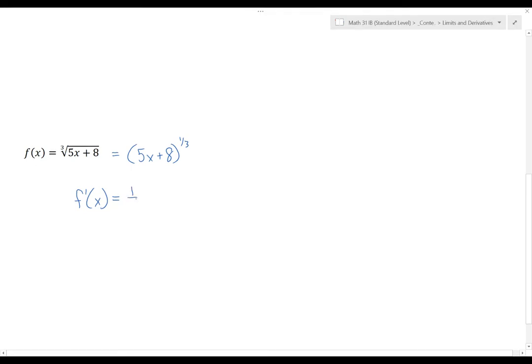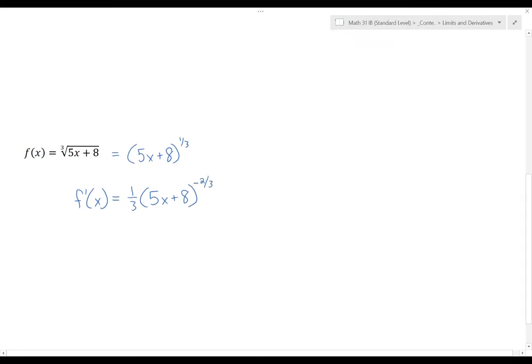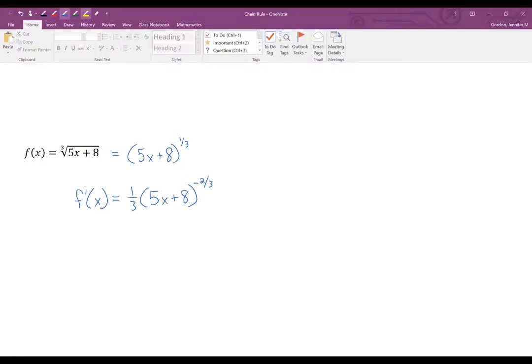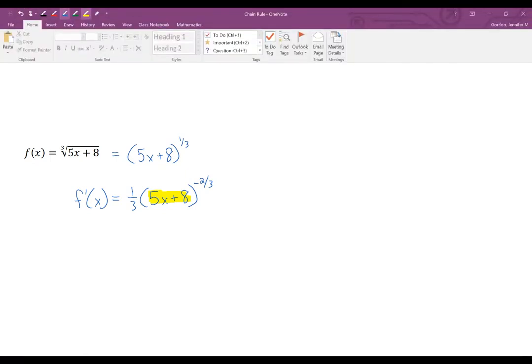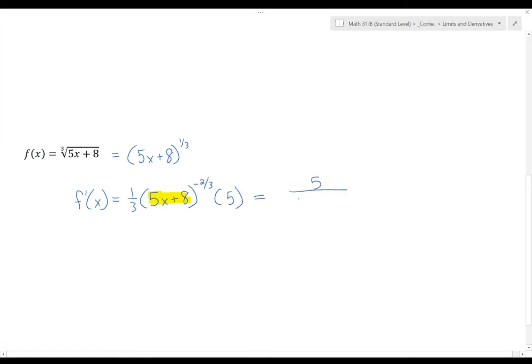So this becomes 1/3 times (5x plus 8) to the power of negative 2/3, just by applying the power rule. But now I have to multiply it by the derivative of what is inside, 5x plus 8. The derivative of 5x plus 8 is simply 5. Now cleaning this up a little, I get 5 over 3 times (5x plus 8) to the power of 2/3.